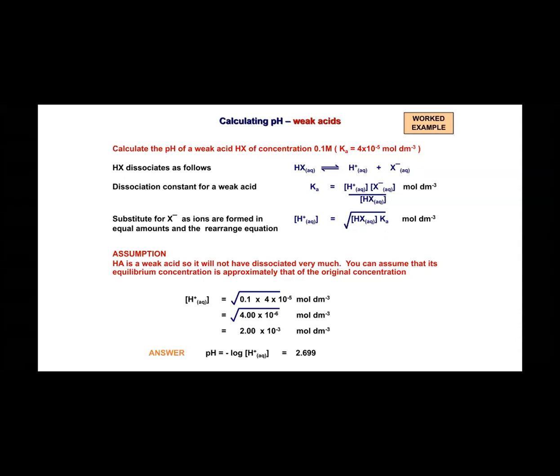The concentration of H plus is equal to the square root of HX into Ka, where HX is the concentration of the given acid, nothing but a weak acid, the molarity.